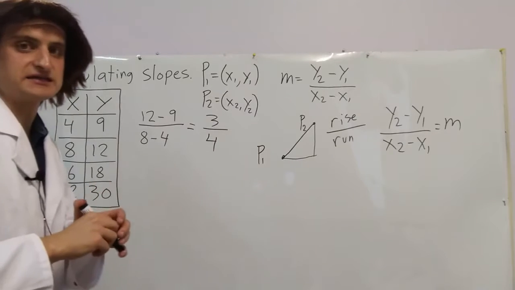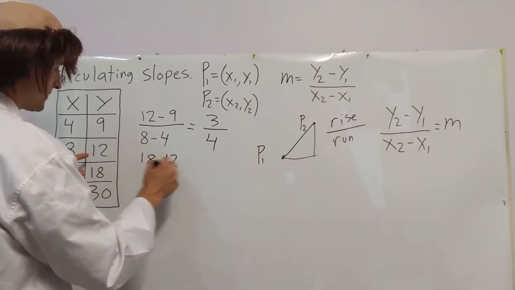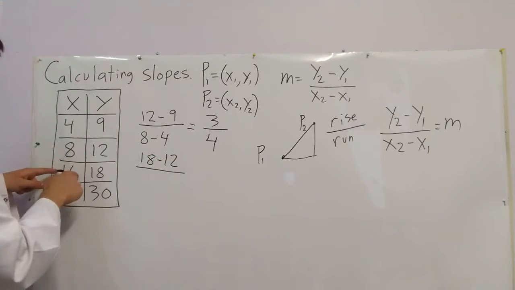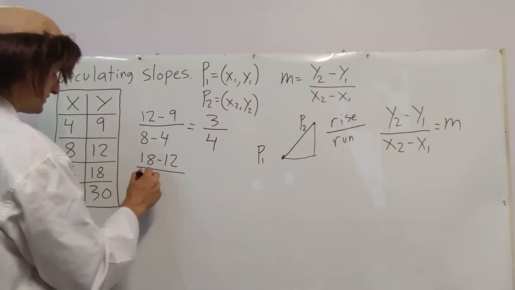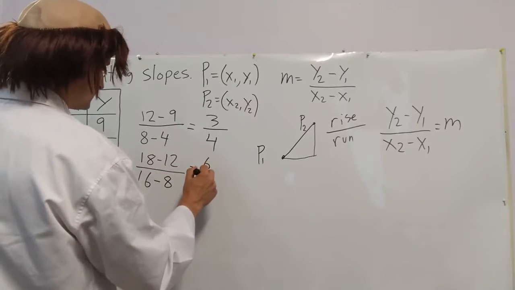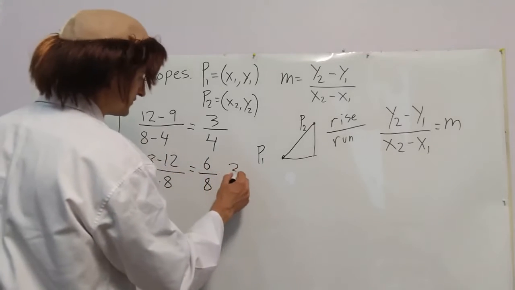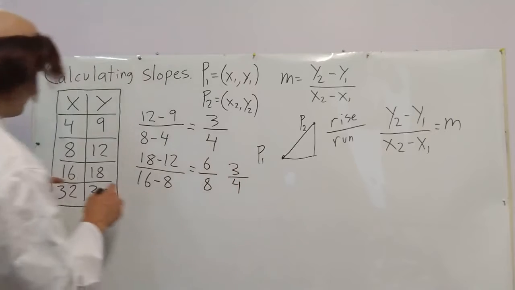Now let's try it for the next pair of points. 18 minus 12 divided by 16 minus 8. This is 6 divided by 8, which can be reduced to 3 over 4.